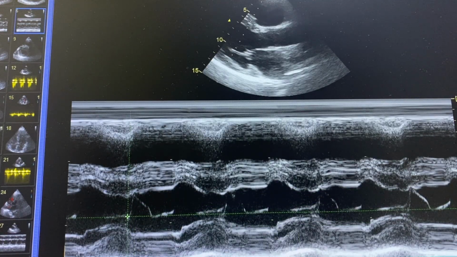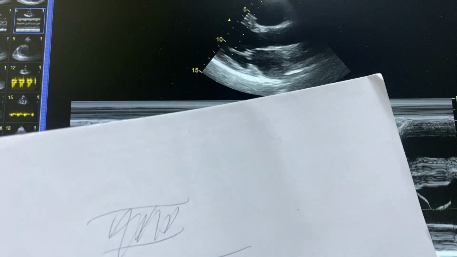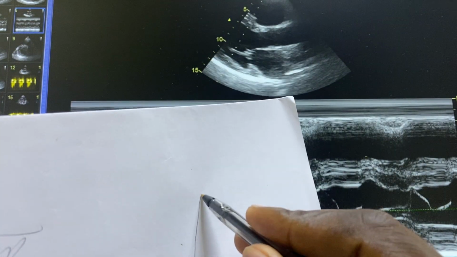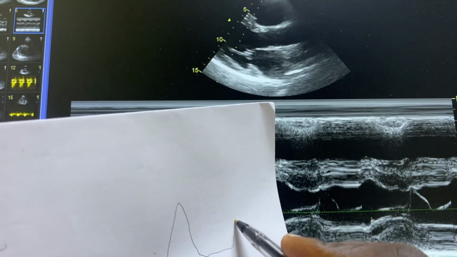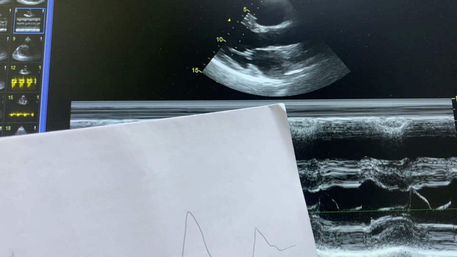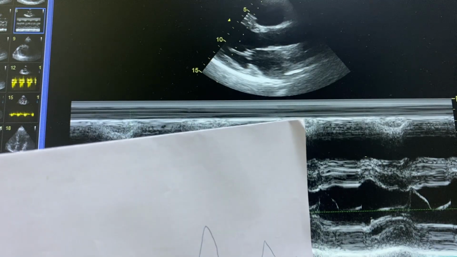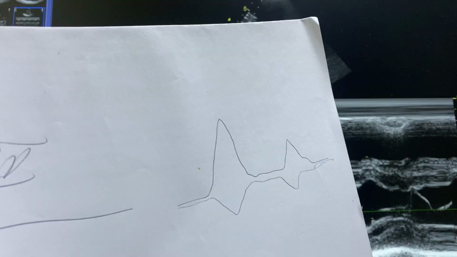Now, when we draw M mode at the mitral valve, opening like here, it is open, partial closure, like this.